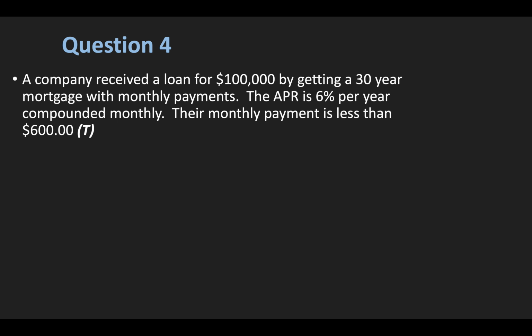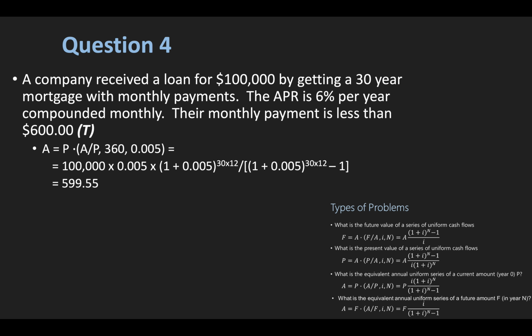We have N, which is 30 multiplied by 12, so we need to make 360 payments. The interest rate is 6 divided by 12, which is 0.5%. Then we're basically just trying to calculate what A is. So now we have P, I, N, and we need to calculate A.